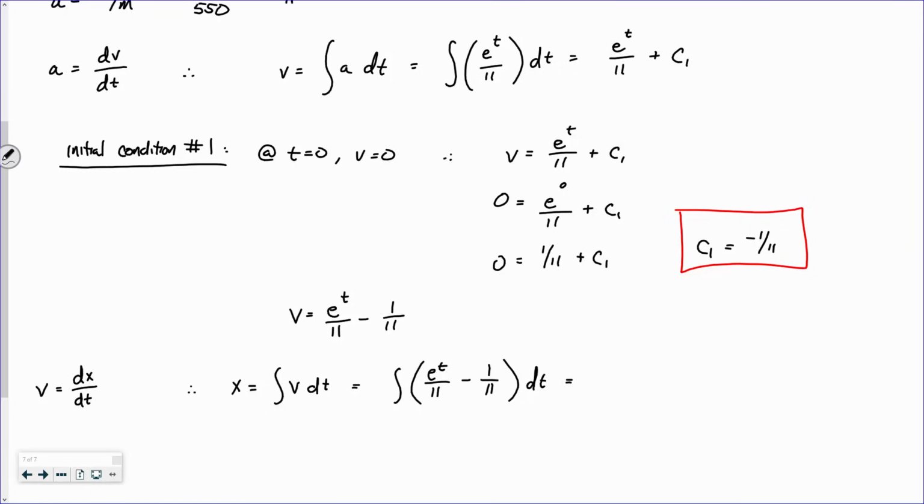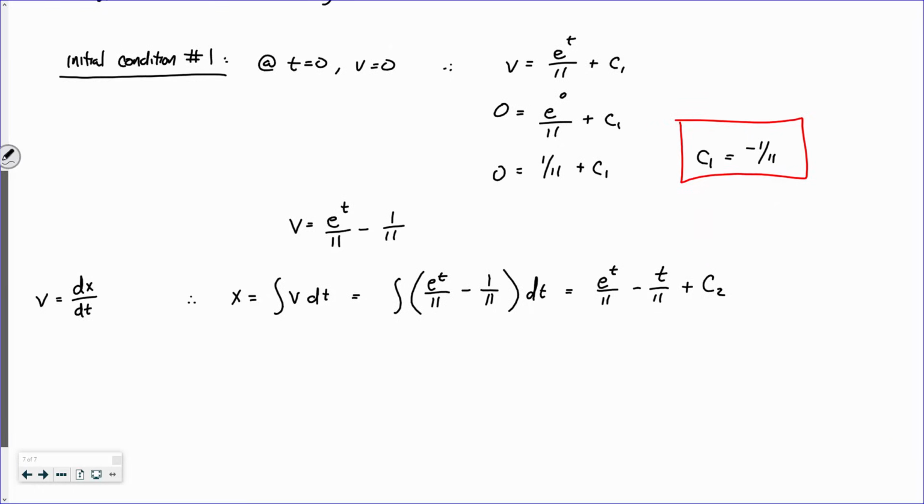What's the integral of e to the t over 11? There we go, e to the t over 11. What's the integral of 1/11? 1/11th t, or t over 11. What am I missing? Plus c2. All right. We also have, to solve for that constant, another initial condition.